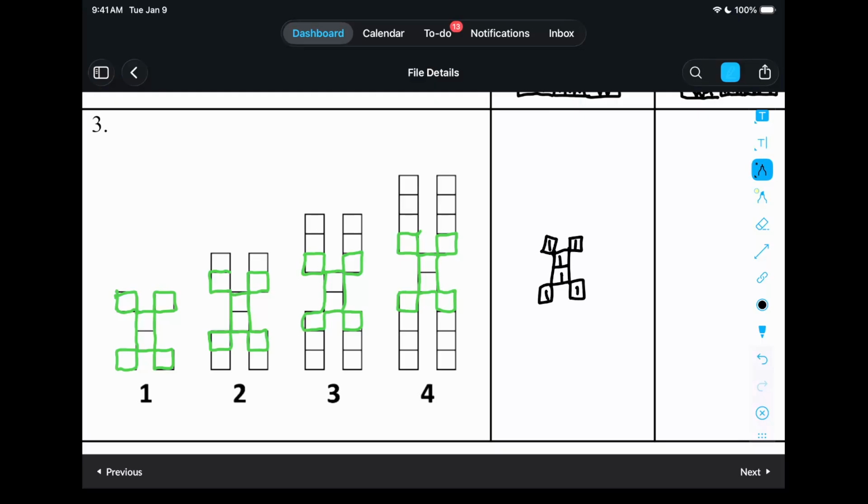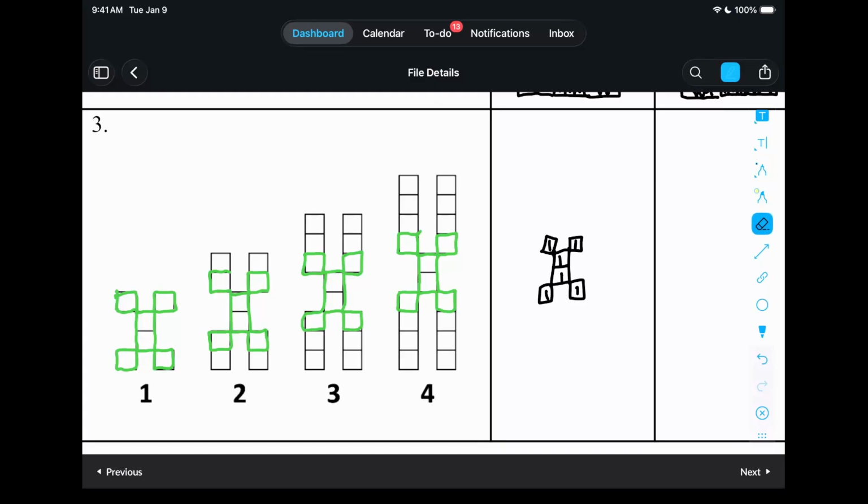For the first figure we have no branches whatsoever, no extra box. For the second one, it's each branching here, here, here, and here. And each of those branches has 1 less block than the figure number.